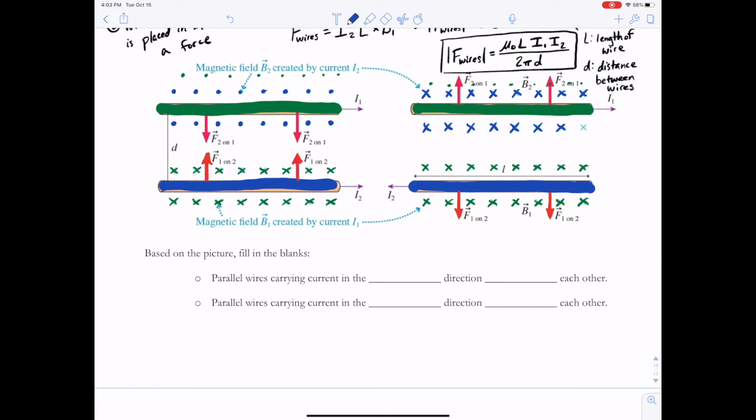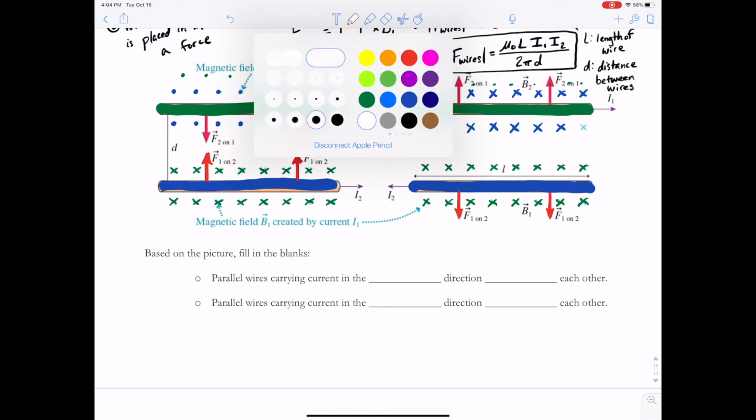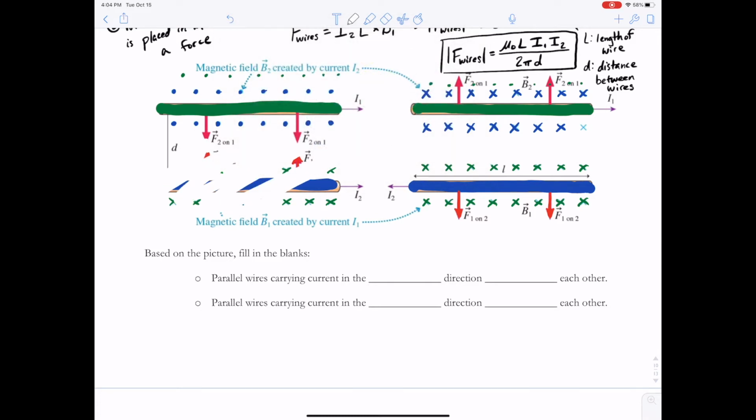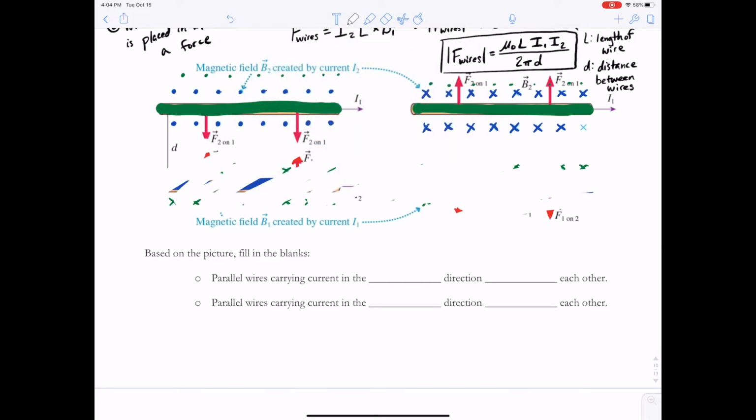So now let's see if we can find the force on the top wire because of the presence of the magnetic field produced by the bottom wire. And I know that they're already there, but let's pretend that they aren't. So again, ignoring everything down here and focusing just on the top wire and that magnetic field, let's pause the video, use the right-hand rule for cross products, and find the force on that wire.